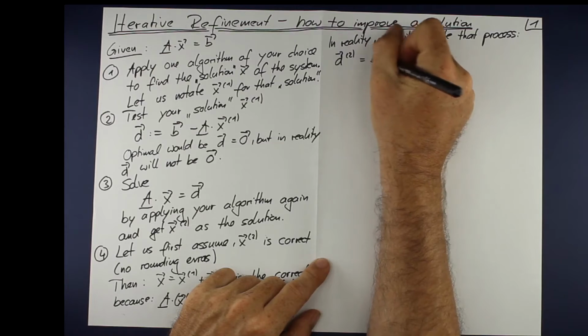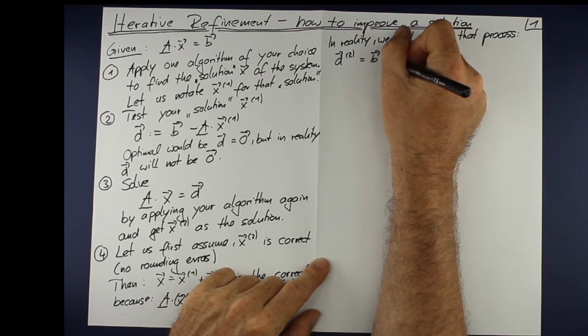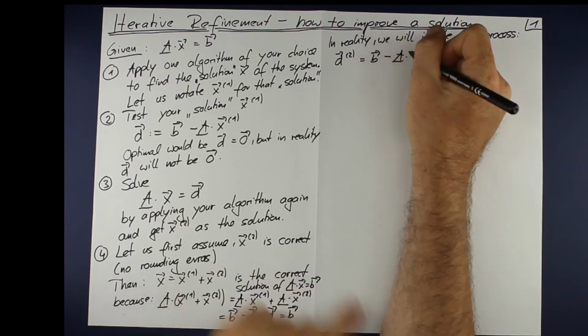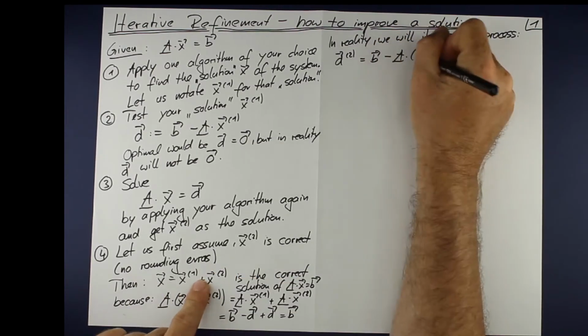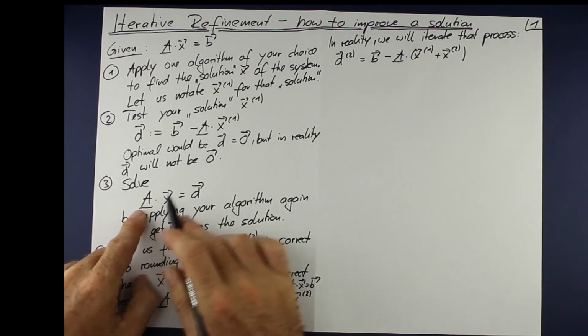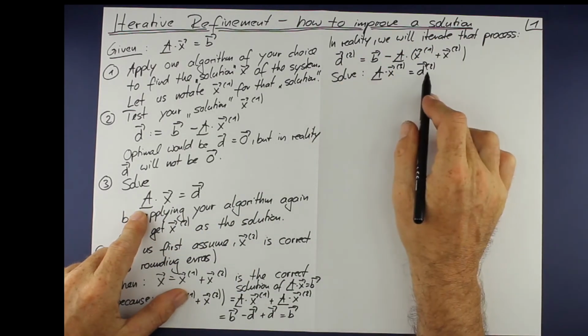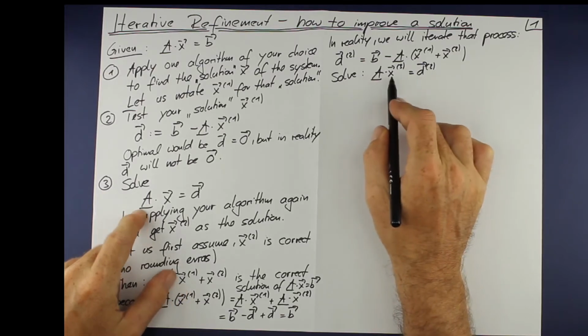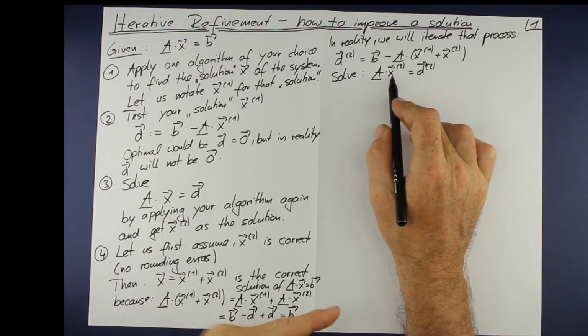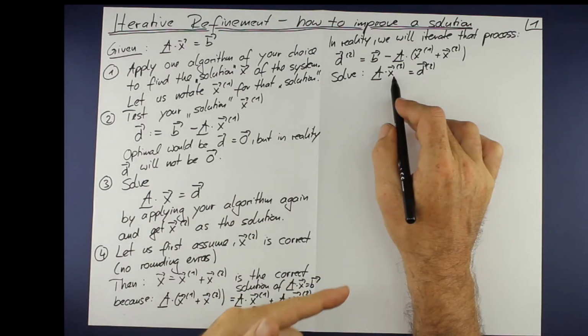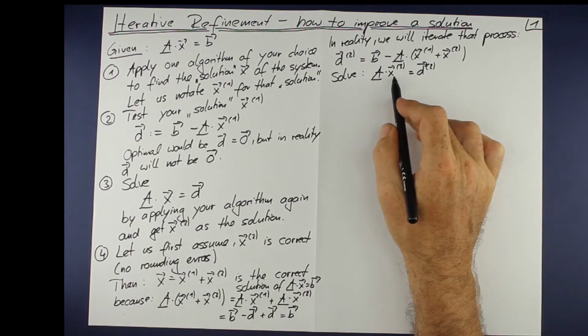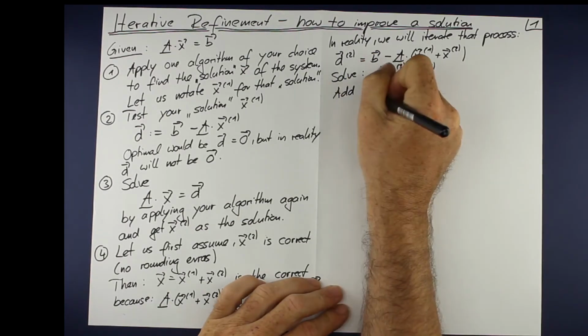Now we can calculate the difference B minus A times this solution, and then we solve again. We take this D as the right-hand side and we get a new x3, and then we add x1, x2 and now x3, and then we will get an improved solution.